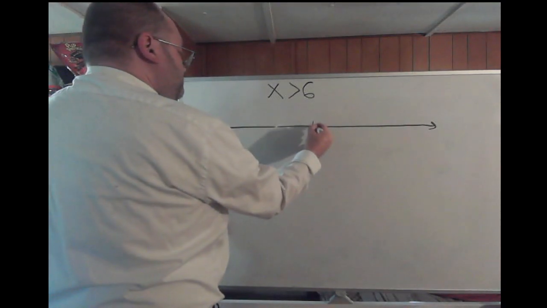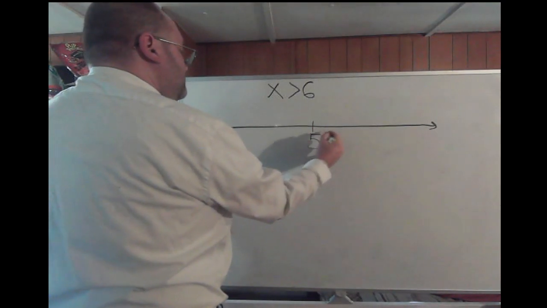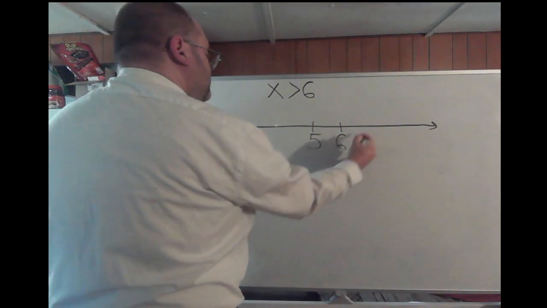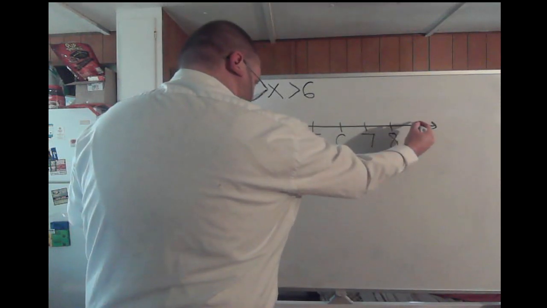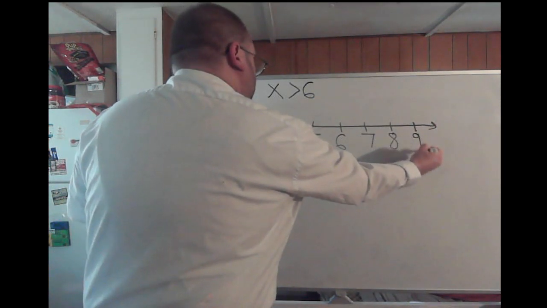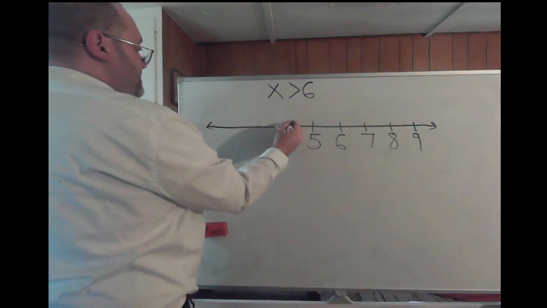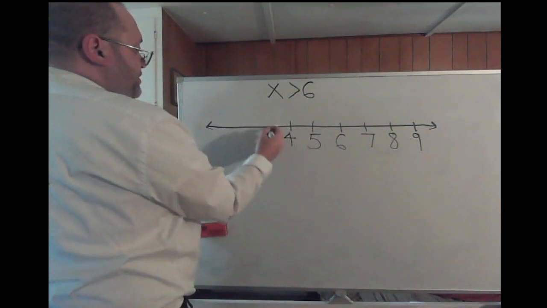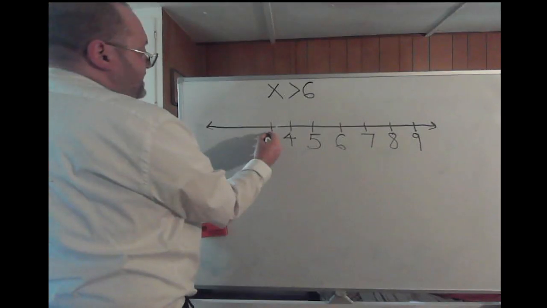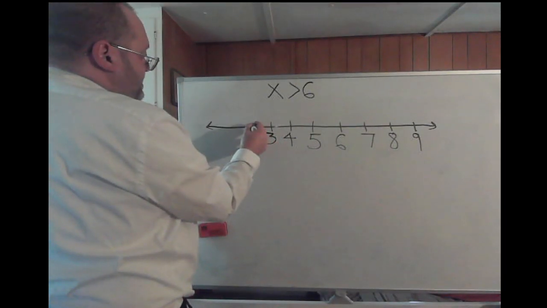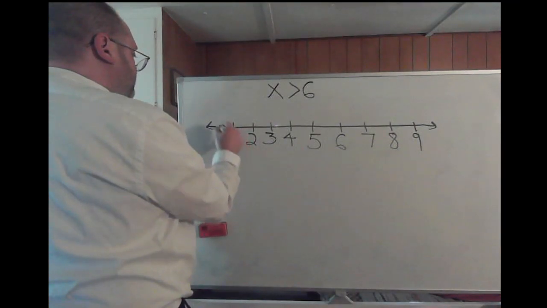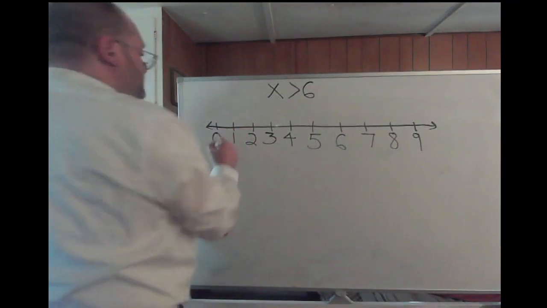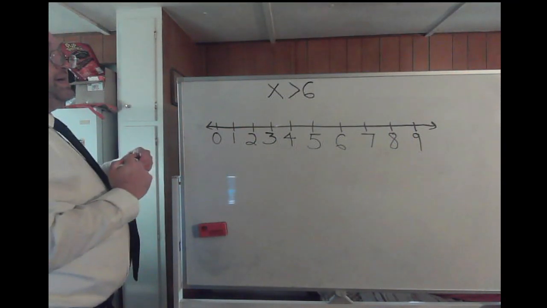I think we'll put 5 in the middle, and we'll do 6, 7, 8, 9. You just want to have sufficient points on your number line where it works for you to be able to plot the point and show the inequality on your number line. But I have 0 through 9 on this line.